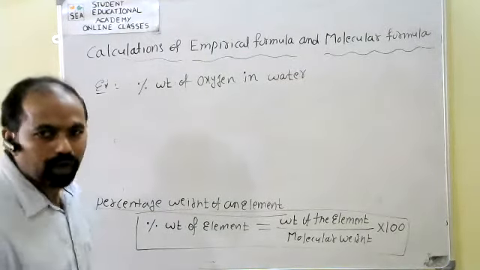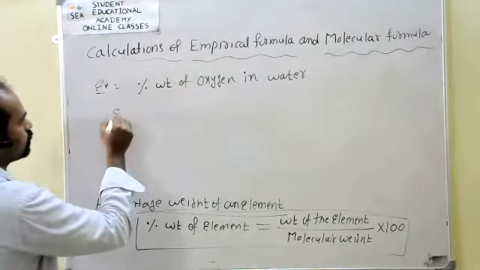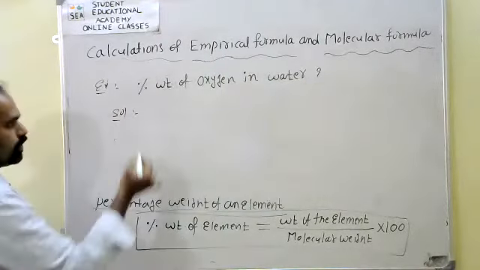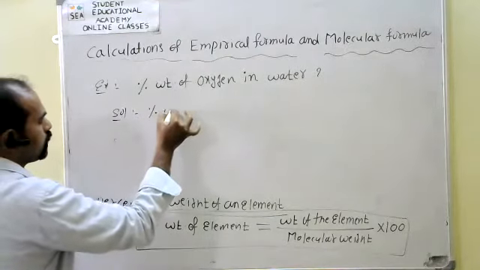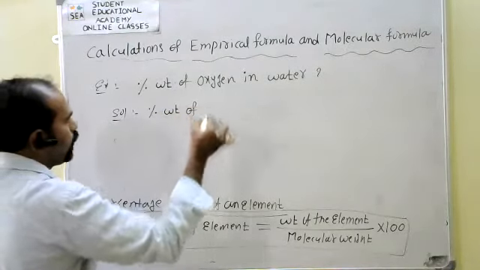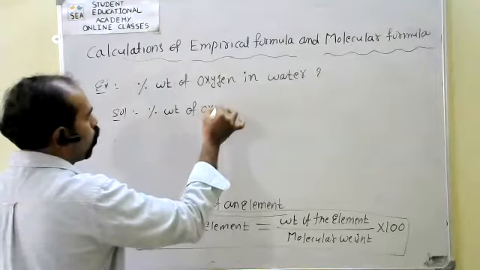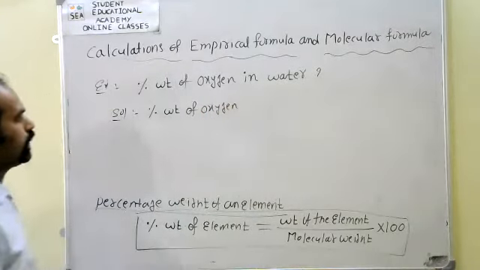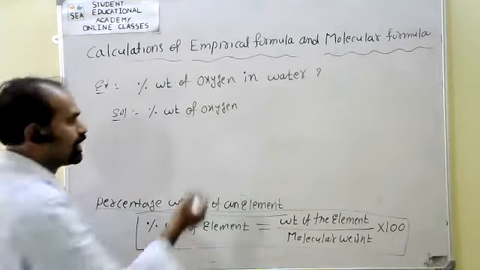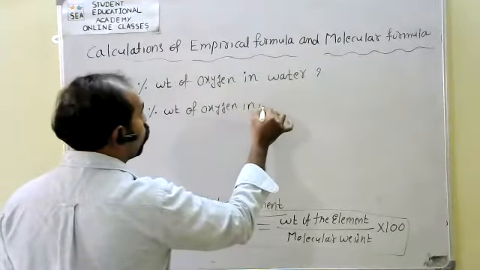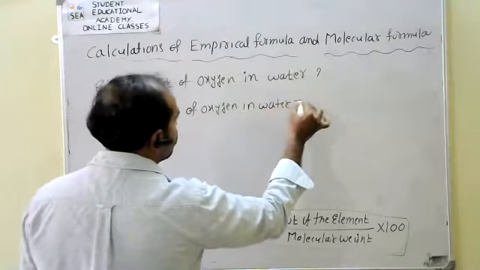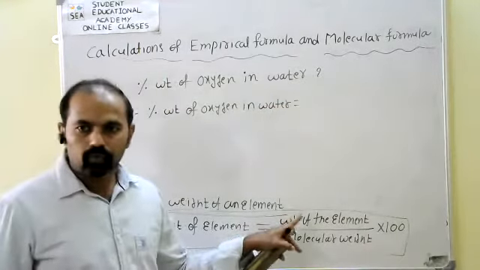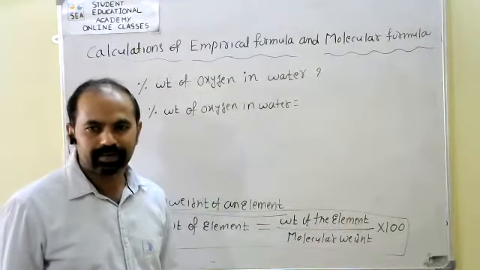Now, what is the formula? The percentage weight of oxygen in water is equal to the weight of the element.